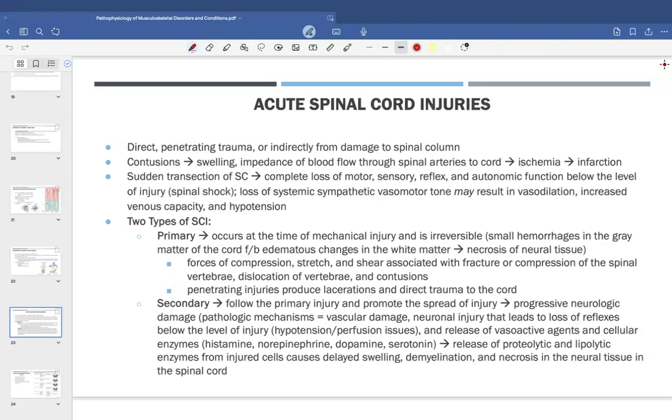If you have sudden transection of the spinal cord, they're going to lose complete motor, sensory, reflexive, everything below the level of the injury. And realize that when they lose sympathetic control, that's your source of vasoconstriction for your peripheral vessels.